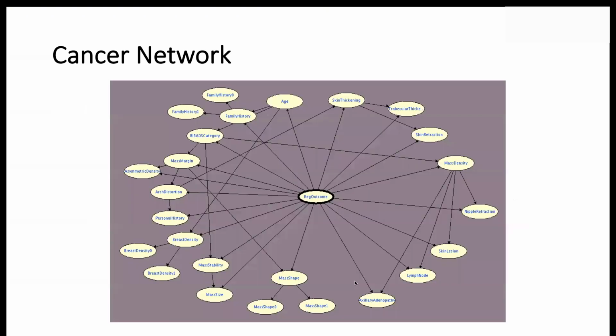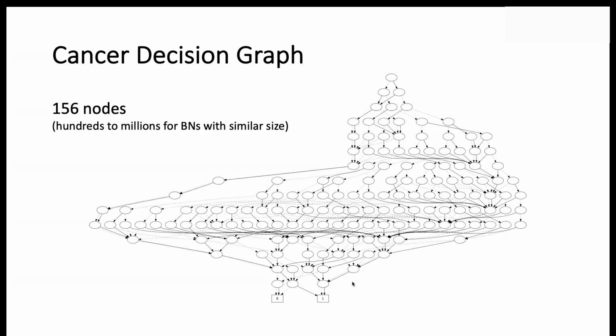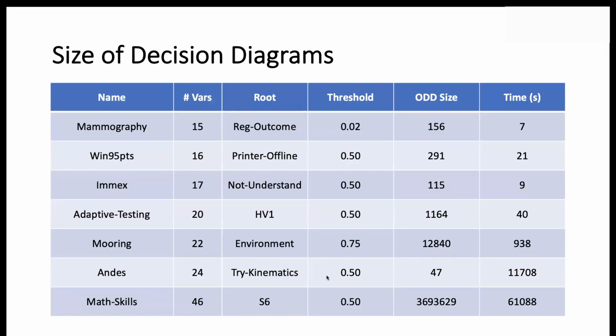But interestingly enough, this one turned out to have relatively simple logic. In some other cases, the sizes were pretty large, sometimes in the millions. And that was also sensitive to the threshold that you use. The point is, when you do this compilation and you look at these circuit sizes, you may get a sense of how complex the logic underlying these systems is.